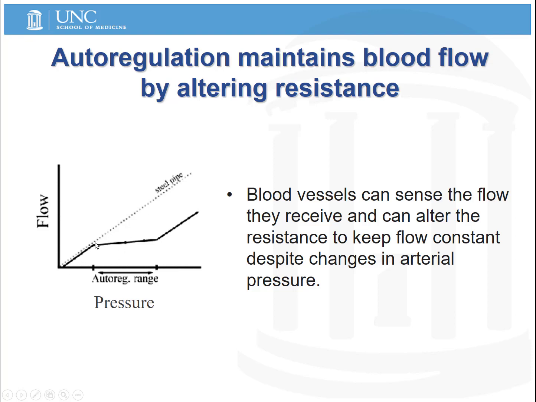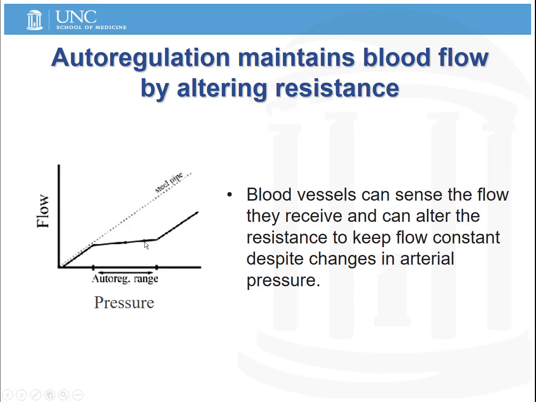But this solid line represents a blood vessel that does have this autoregulation mechanism. And you can see that between this certain range in arterial pressure, in this autoregulation range, the increase in flow due to the increase in pressure is attenuated, and we no longer have that linear relationship.